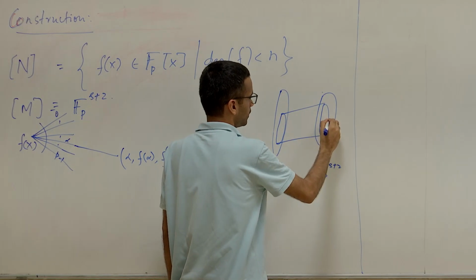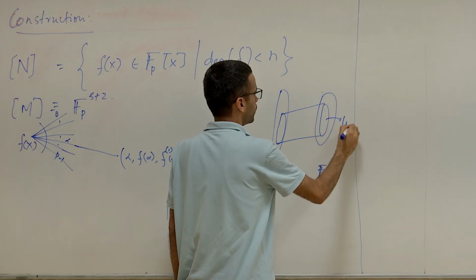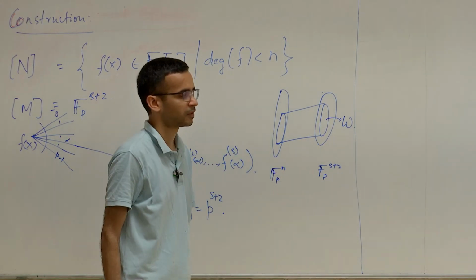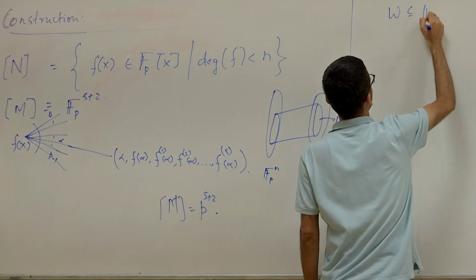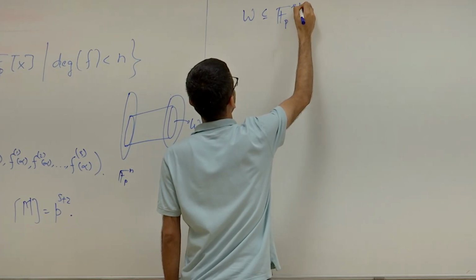So let's pick such a set W. W is a subset of F_p to the s plus 2.